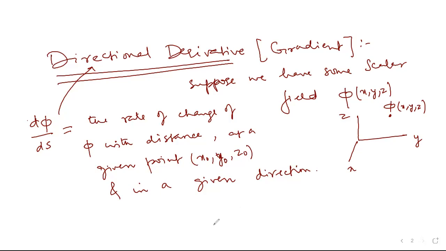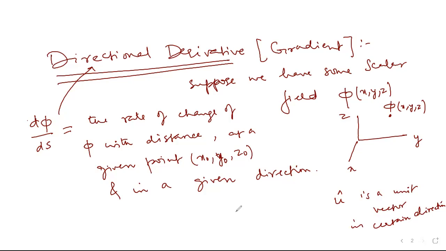Now how do we find it? Suppose u cap is a unit vector in a certain direction.